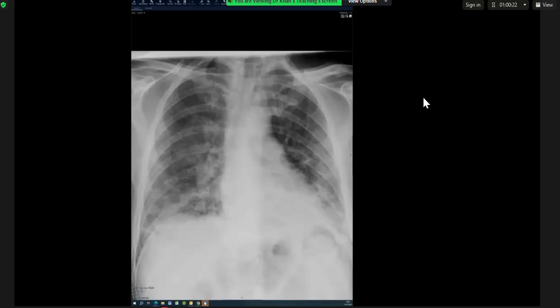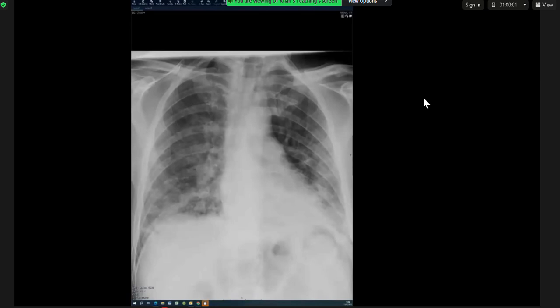The pleural recess on the left side is obliterated. Here, I can't detect any pneumothorax. I can't detect any corresponding cavities in the upper zones.